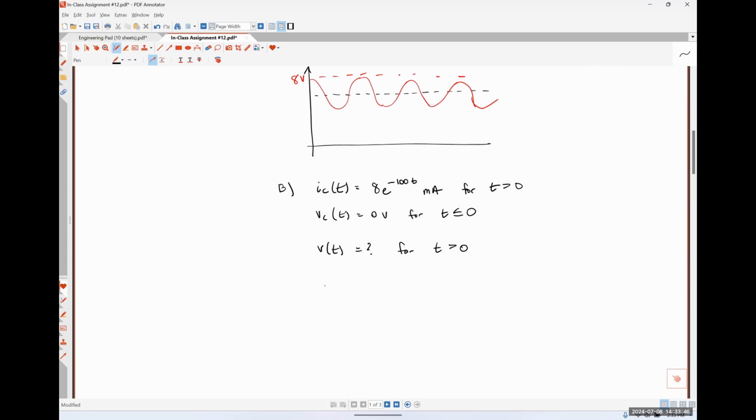So our second equation, just to remind you guys, was V of t is equal to 1 over c times the integral from t naught to t of IC of t prime dt prime plus VC at t naught.